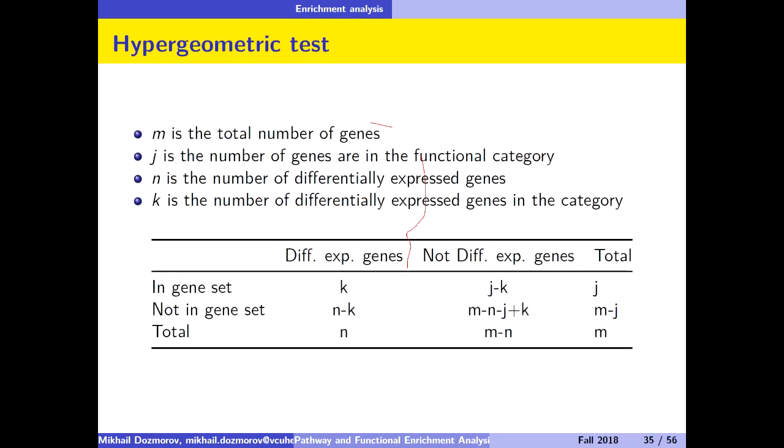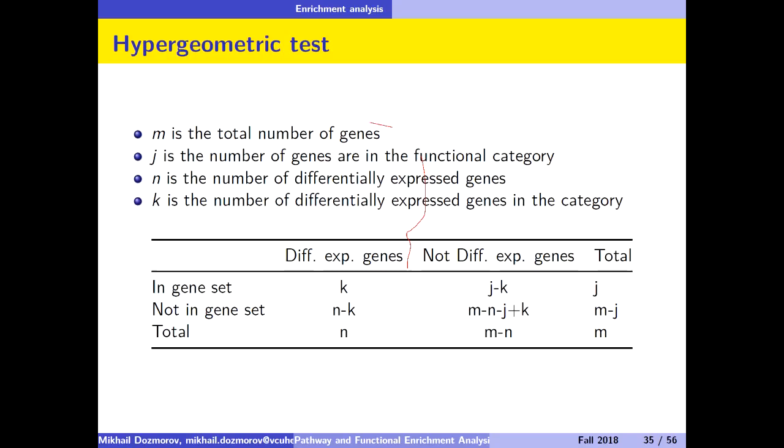And this p-value is calculated using this 2x2 contingency table. You may have seen it in connection with Fisher's exact test. And 2x2 Fisher's exact test is equivalent to 2x2 hypergeometric test. It's the same 2x2 contingency table, and calculations are different, but the p-value will still be the same.